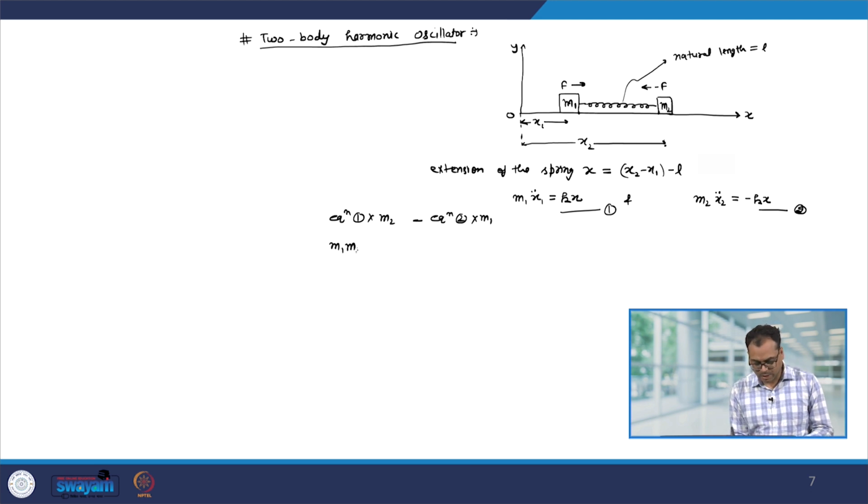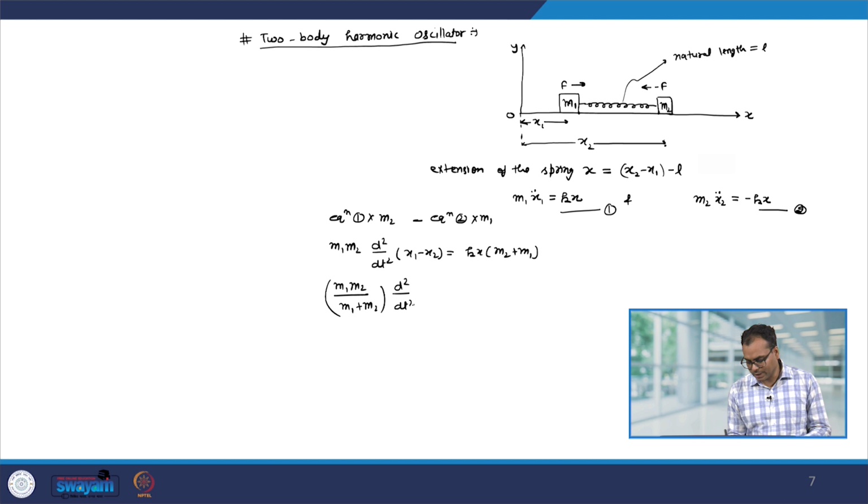m1 m2 d2 over dt square x1 minus x2 equal to kx times m2 plus m1, or I can rewrite this as m1 m2 over m1 plus m2 d2 over dt square x2 minus x1 equal to minus kx.